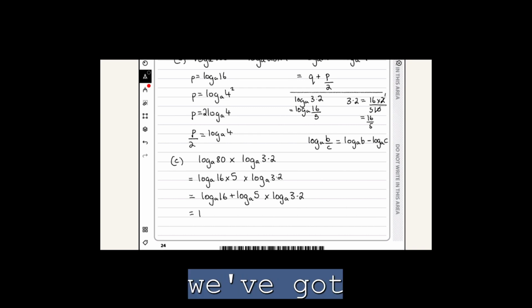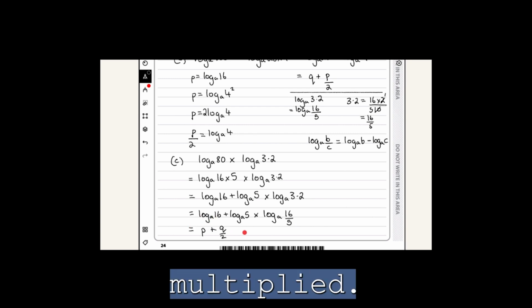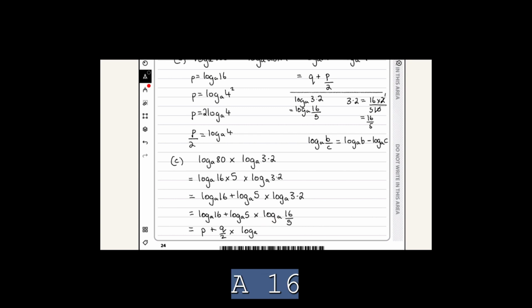So here we've got log A of 16 plus log A of 5, which was Q over 2, and this was P, and we've got multiplied by log A of 16 over 5. So remember, this was P plus Q over 2 multiplied by log A of 16 minus log A of 5.